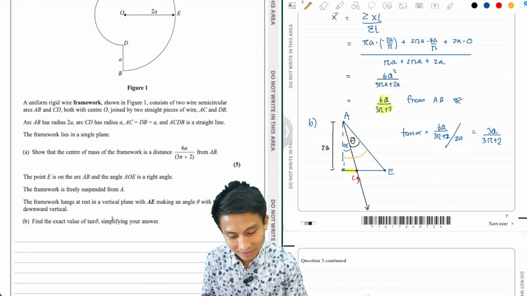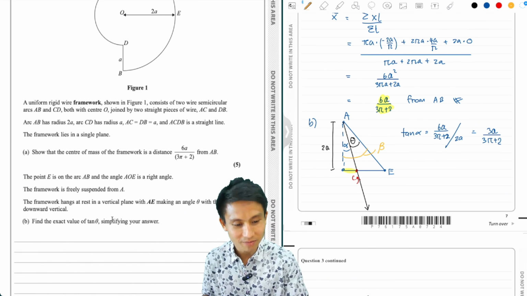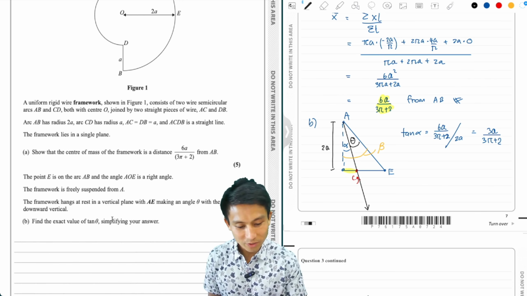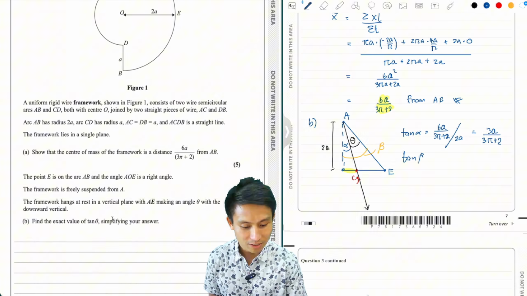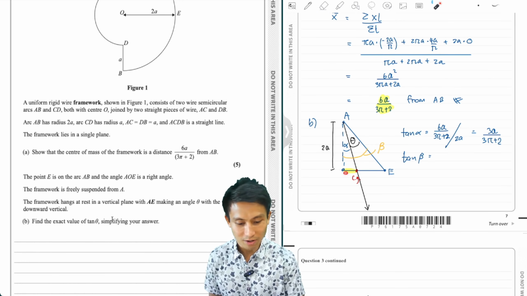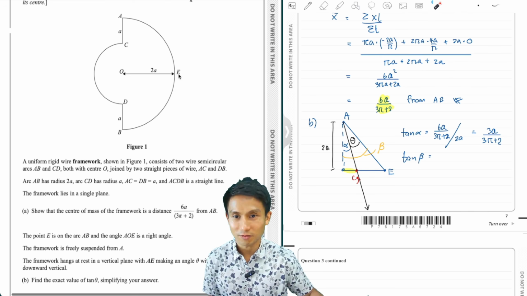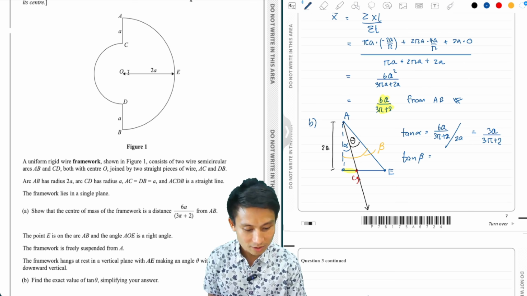So let's find this yellow angle. Let's call it beta first. And we can try to find tan beta, right? So tan beta is what? Opposite over adjacent. So opposite here, this is OE, and OE is obviously 2A from the diagram there. So that's 2A divided by also 2A.